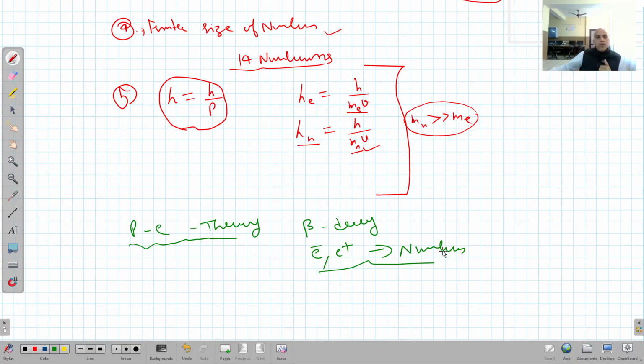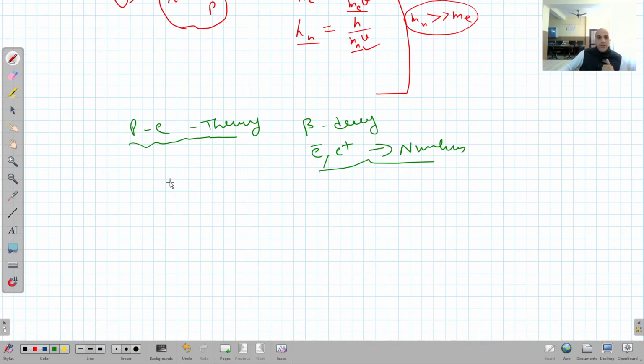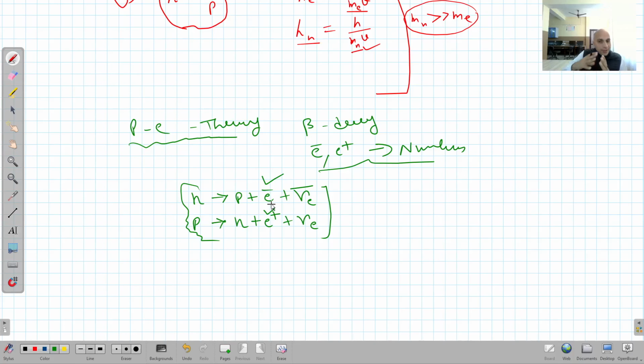Later on this problem was resolved by explaining that the electron does not pre-exist inside the nucleus, but is formed due to the spontaneous conversion of a neutron into proton plus electron plus anti-neutrino associated with electron, or a proton converts into neutron plus positron plus neutrino. So these are the two nuclear reactions that explain the emission of either electron or positron from the atomic nucleus.